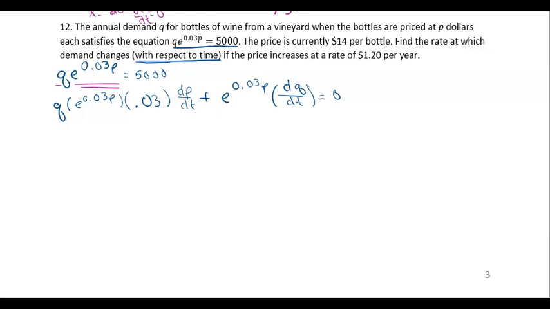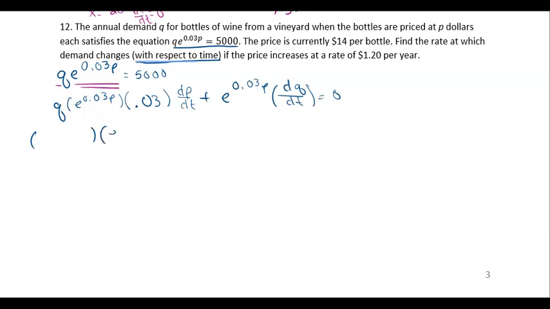Now let's see what we can do here. What can we figure out? Well, what information do we know? We know the price is currently $14 per bottle. So that means I can fill in my 14 for P. So let's start filling things in. I don't know Q yet.